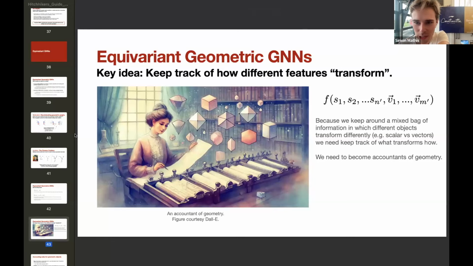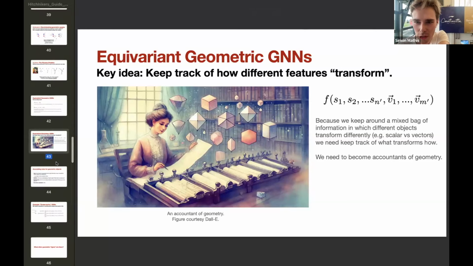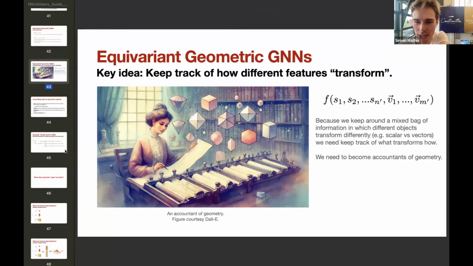And we've already seen that we now have scalar features, vector features, potentially other geometric features. So what we need to do when we build those models is keep track of which feature has which type. Type here corresponds to how a feature transforms. A scalar is a feature that doesn't transform. A vector transforms with a simple rotation matrix.